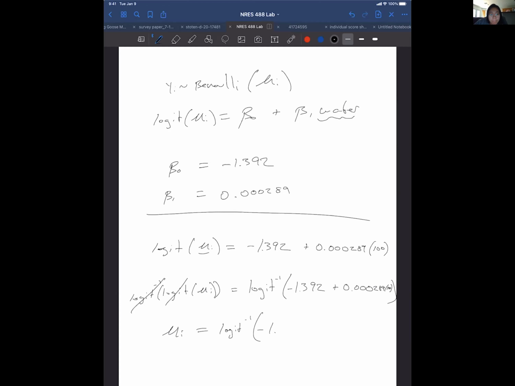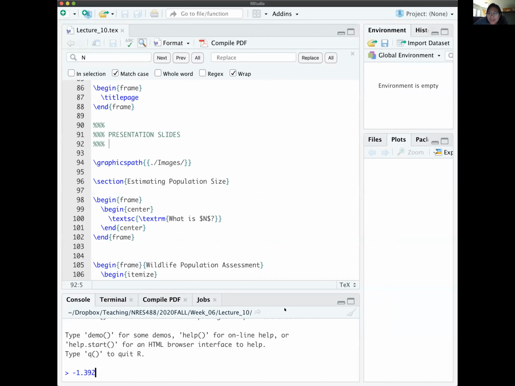Do you have R open? I do. Can you calculate what this value is in here? Okay, yeah. How am I supposed to write that in R? Yeah, let me share my screen. Sorry. We can go through that too. So can you see this down here?